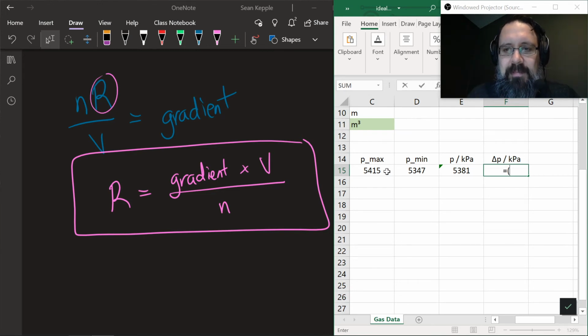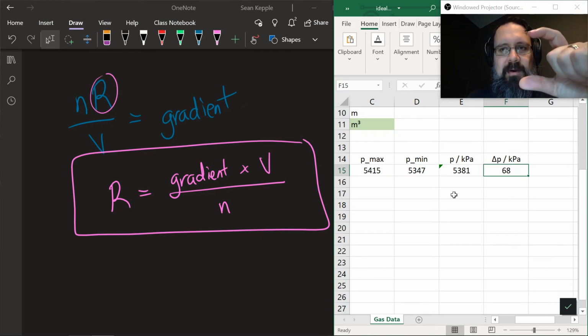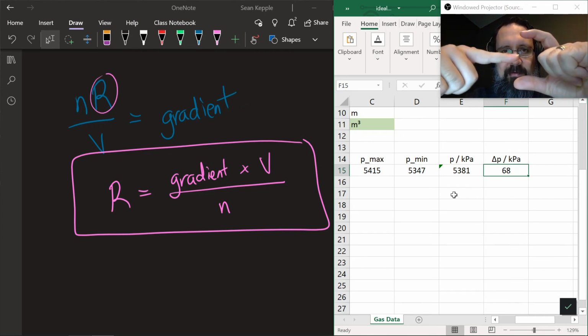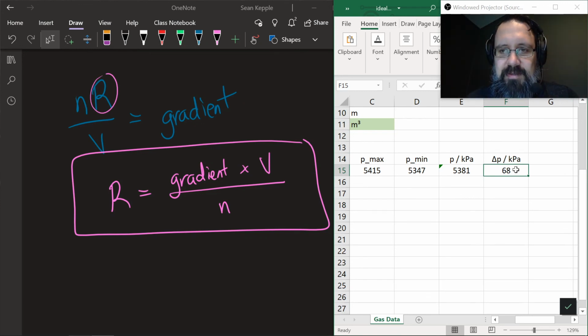I'm going to take the highest value subtracted by the lowest value, and that gives me my range. There's a 68 kilopascal range that I'm confident this number is within. But remember, our average is in the middle of that range, so the actual plus and minus is just half that range. So I'm going to divide this by 2.